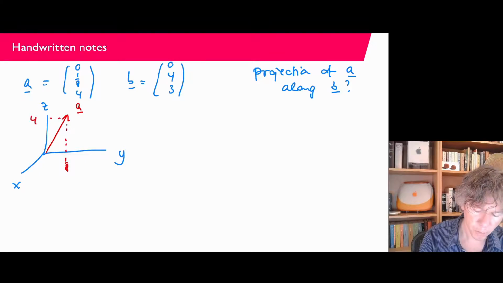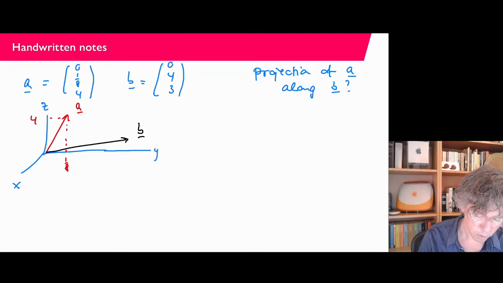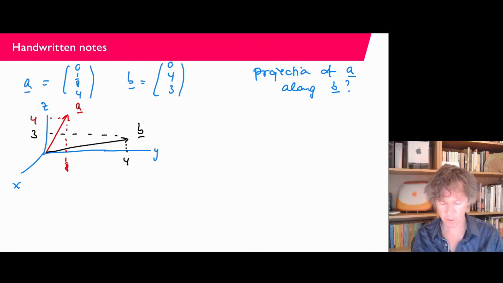And then we also plot the b vector, which is 0, 4, 3. So that would be something like this. It's just a sketch, it's not to scale. Let me make them a bit longer. This is 4, and this should be 3. My picture is not very good, sorry about that.